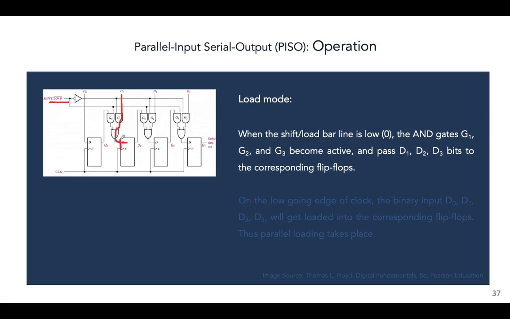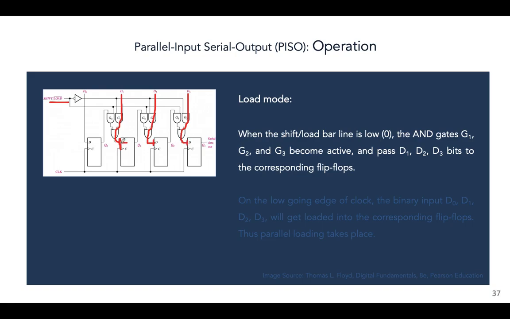It doesn't go in at the moment. This is important to understand. D2 will pass through the system and land here, and then D3 will also pass through the system and it is here. It's important to understand right now that only the bits have been passed through this circuit and they are now at the gate, at the entrance point of the flip-flops.